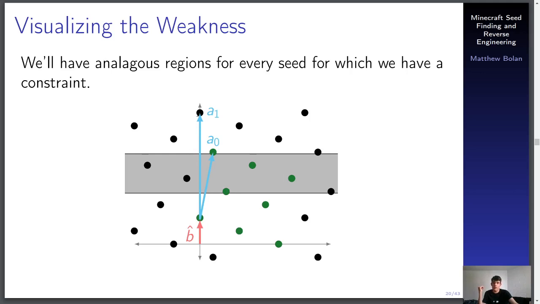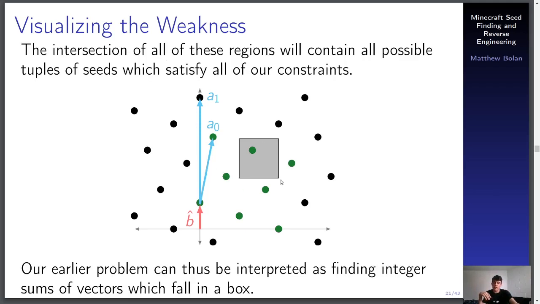Because now the y-axis is seed 1, and if we have a min 1 and a max 1, we would get a similar sort of band. And the region in which both of these inequalities are satisfied, in this case, is this square. And all of the points of this structure which fall inside this square correspond exactly with tuples of seeds at the appropriate indices to satisfy the inequalities we wanted.